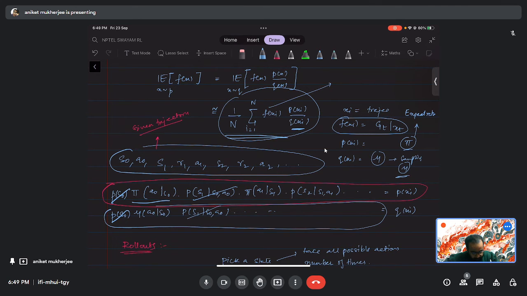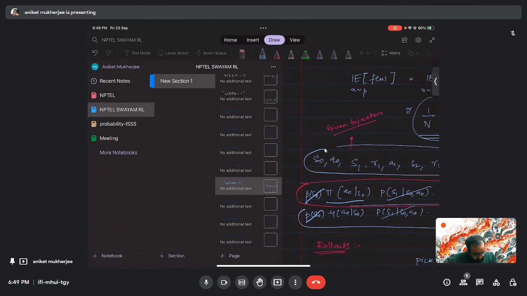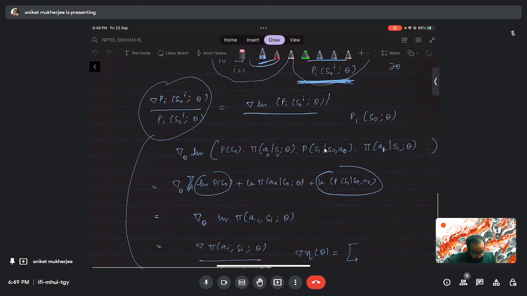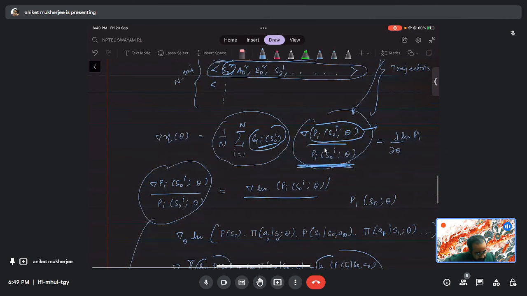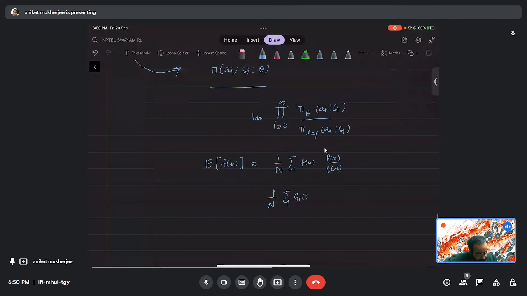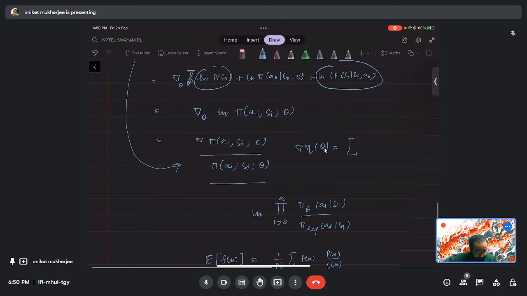This is what f of xi is, given that it's the return on the trajectory. It's the return given that I take trajectory i. So the expectation of f of x, you can write as 1 by n summation f of x, p of x by q of x, right? So now your f of x would be this G of i at s0, which is basically the return of the trajectory.